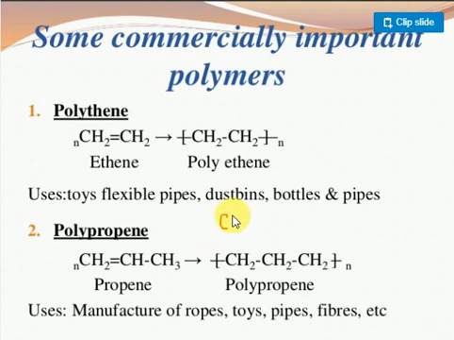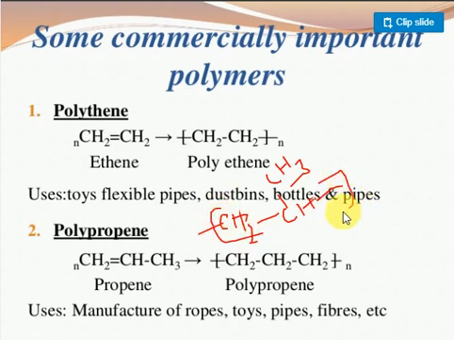Just imagine CH2, CH, and here CH3 will come. Why? Valence is 4 only, and already 4 is over. So this one attachment will be there, and it forms a polymer.